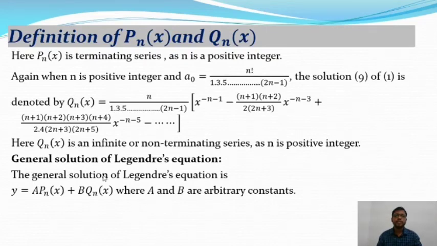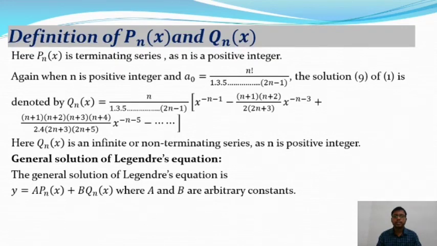Therefore, the general solution of the Legendre equation will be y is equal to A into Pn of x plus B into Qn of x, where A and B are the arbitrary constants, and Pn of x and Qn of x are the polynomial function of degree n, or the Legendre function of degree n, of the first kind and the second kind.